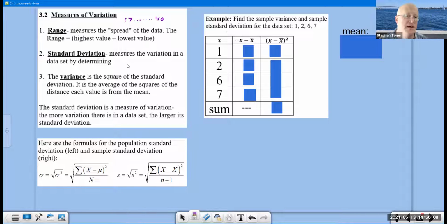Now, the deviation measures, the standard deviation is going to be another one of those really important measures in this class, and it measures the variation in a data set by determining how far the data values are from the mean on the average.